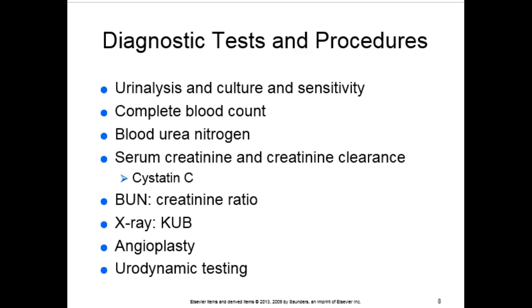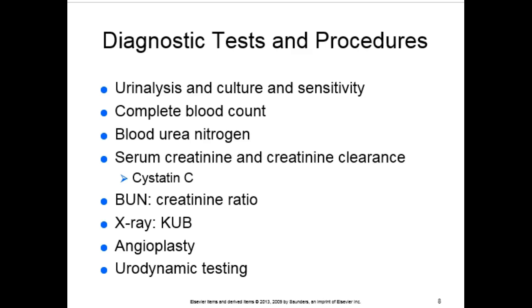Occasionally a healthcare provider will look at the ratio of a person's BUN and their blood creatinine to try and help determine what's causing concentrations to be higher than normal. So the ratio of BUN to creatinine is normally between 10 to 1 and 20 to 1.